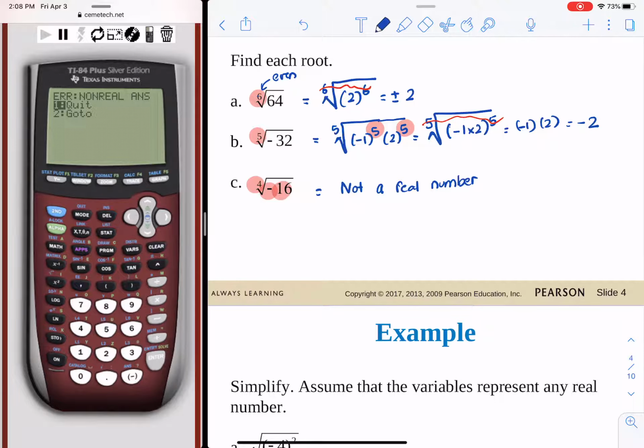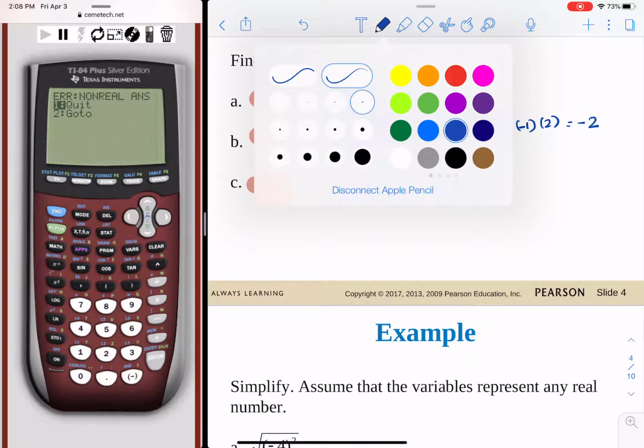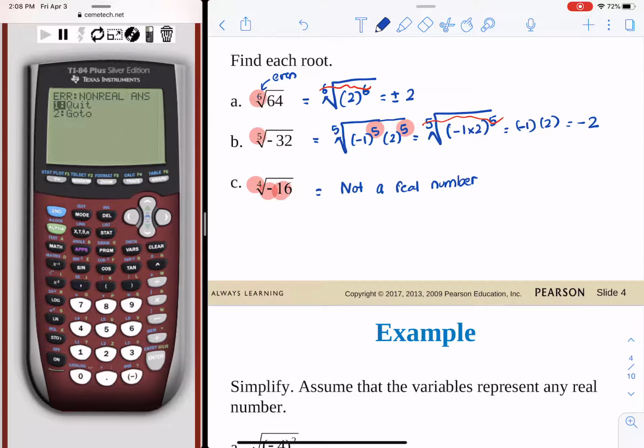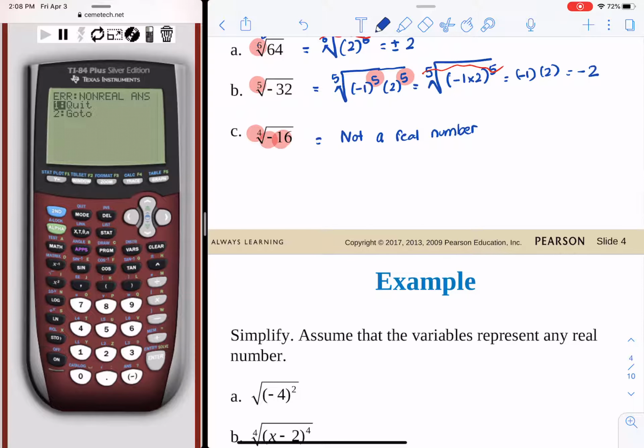So we cannot take even roots of negative numbers. 1/6, same thing. You could do 1/8, you would get the same thing. So any even root of a negative number is not a real number.